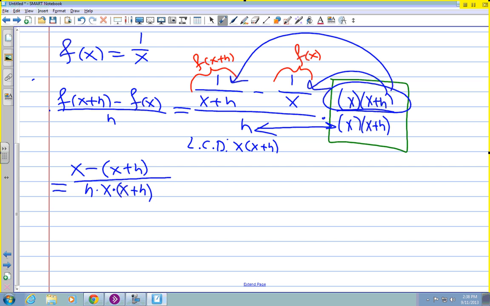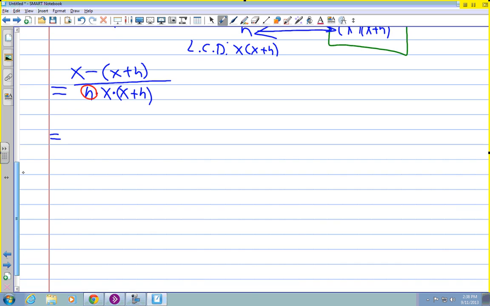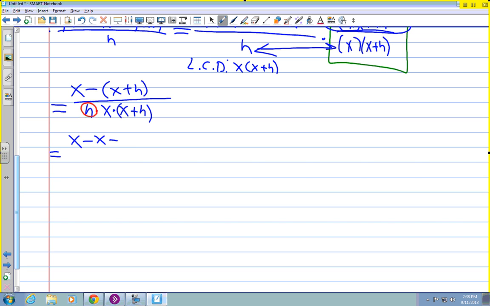Okay. Now remember, we are after this little h. We want to kill it. When it's gone, then we're good. And we're almost done. So it's x minus x minus h over h times x plus h.